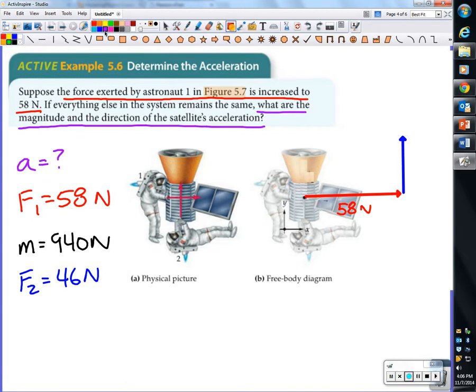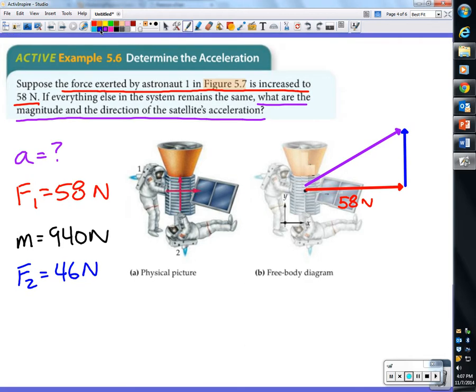Then, the resultant vector goes from the beginning of the first to the end of the last. It told us in the problem that this blue force was going to remain 46 newtons, because in the picture, the way the astronauts are oriented, that's going to be a right angle.